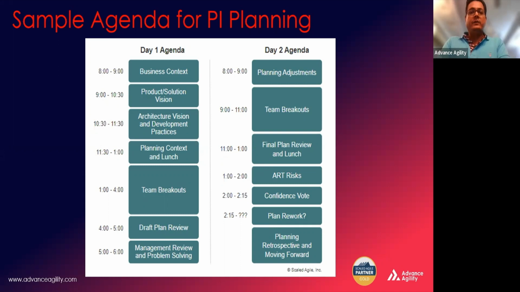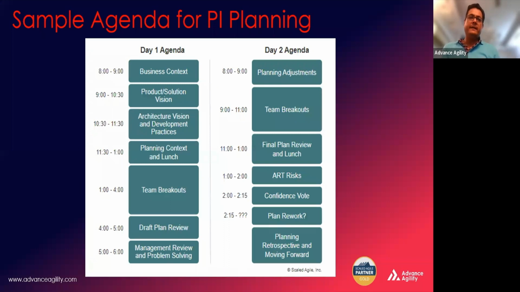The next event is team breakout 2, in which the teams create their final plans and the business owners assign business value so that decision making can be decentralized to the teams during implementation. After the final plans are created, they are presented by team members in front of everyone on the train, and the business owners discuss and inform whether they accept or not. ROAMing of the risks takes place, and then there is a confidence vote and a small retrospective.